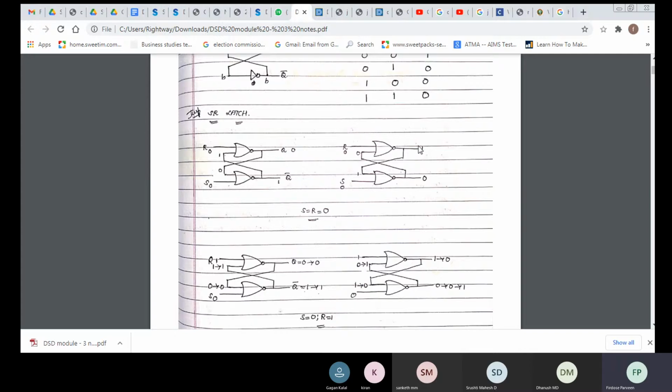Suppose Q is equal to 1, as we have taken here, with S equal to 0 and R equal to 0. When this is 1, this becomes 0 1.